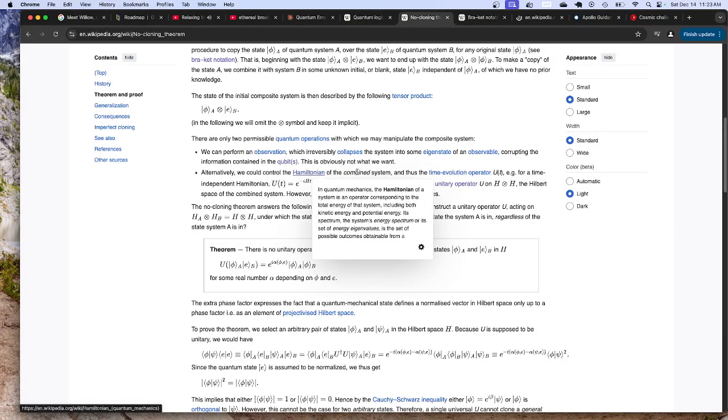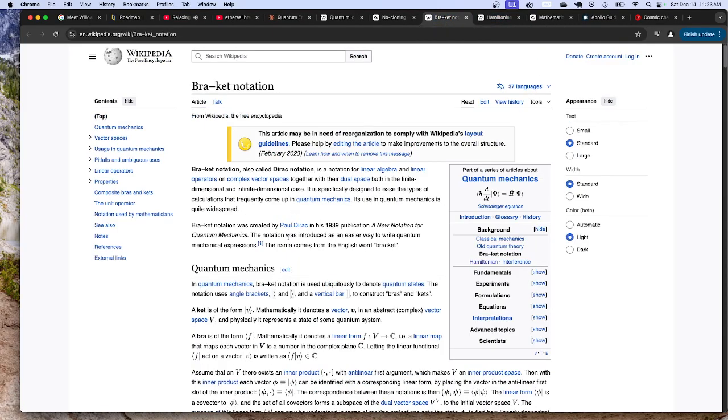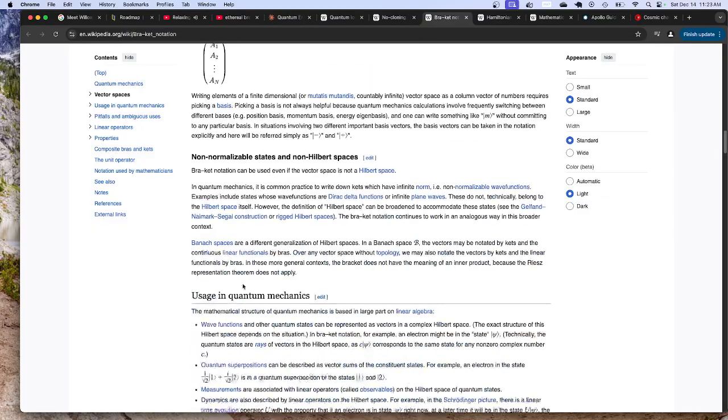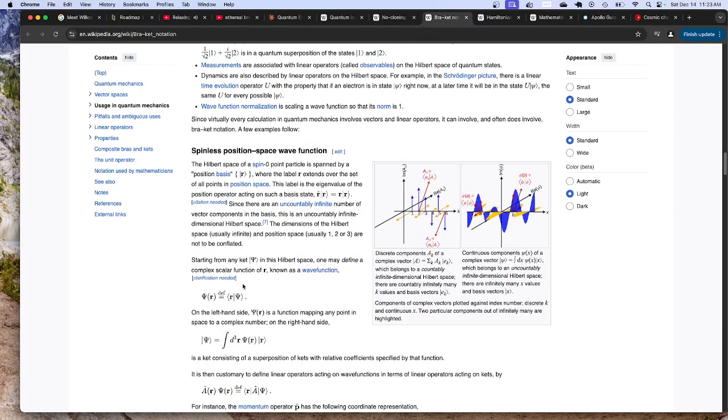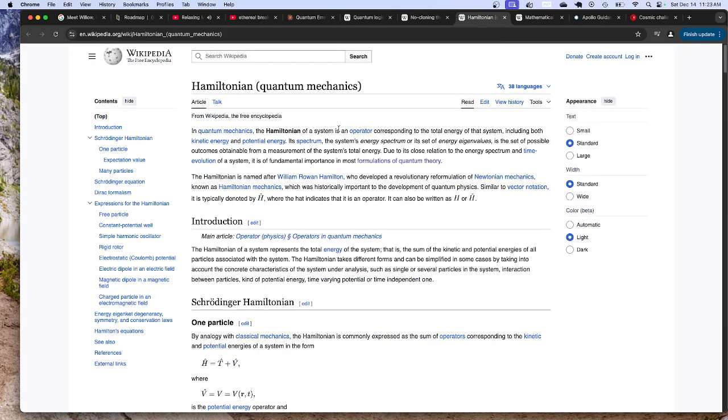What's a Hamiltonian? In quantum mechanics, a Hamiltonian is an operator corresponding to the total energy of that system, including both kinetic and potential energy.